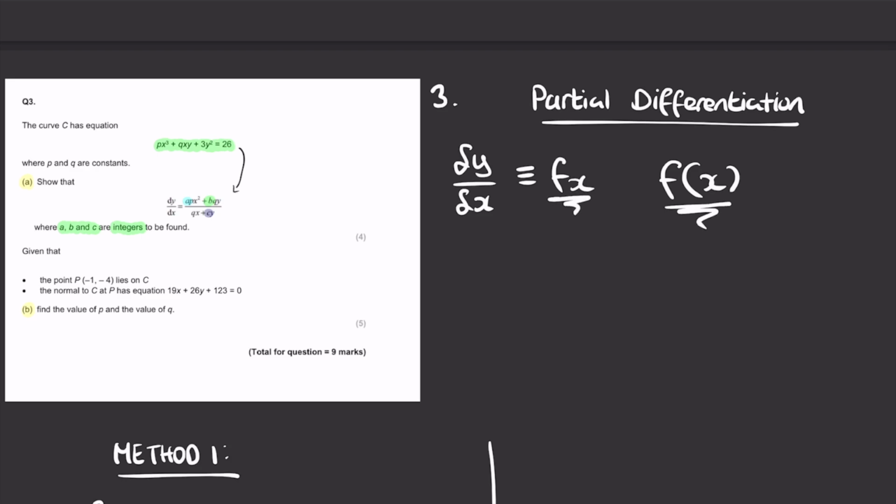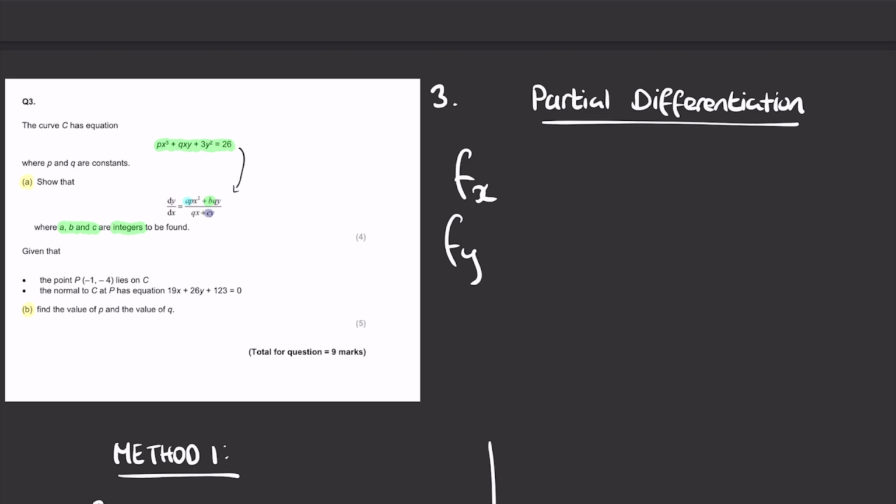This over here means partially differentiate with respect to x. Two different meanings, remember that. For easier reference, I will personally be using this notation, but you can use this notation as well. Just to be clear, f subscript x means partially differentiate with respect to x, and f subscript y simply means partially differentiate with respect to y.